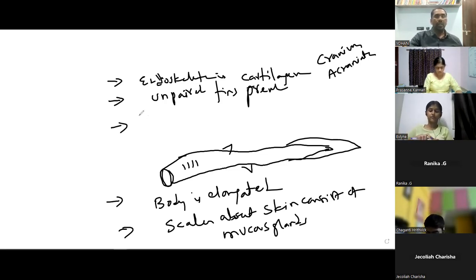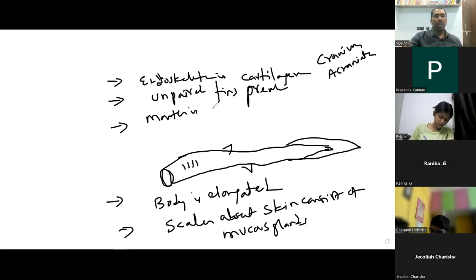Next point. Digestion. Mouth is round and suctorial. This mouth is round and helps in sucking, without jaws.